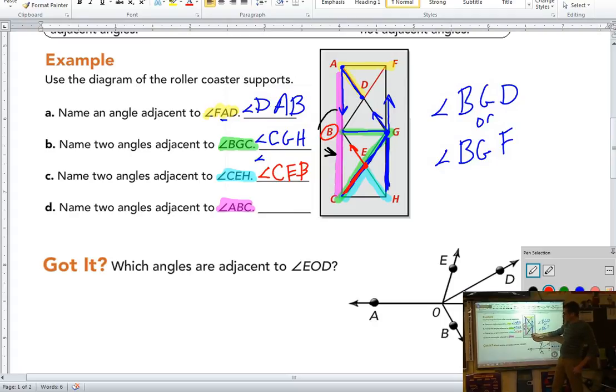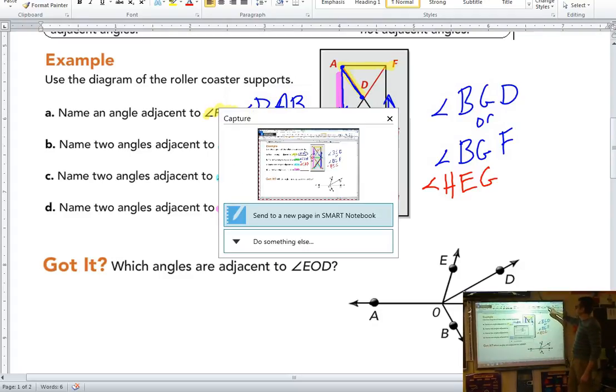Or if I want to share this side, it's going to be HE, and then I can go up here to G, so that's also HEG to match question C. And then question D, I'll capture it really quick, but then I'm going to erase all of this so we can look at this and make a little bit more sense.